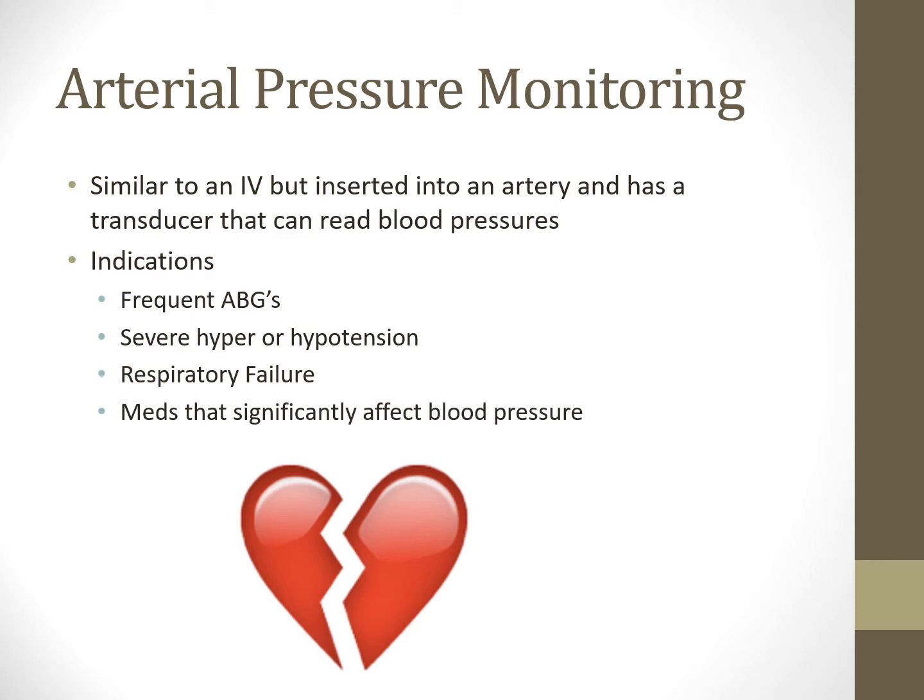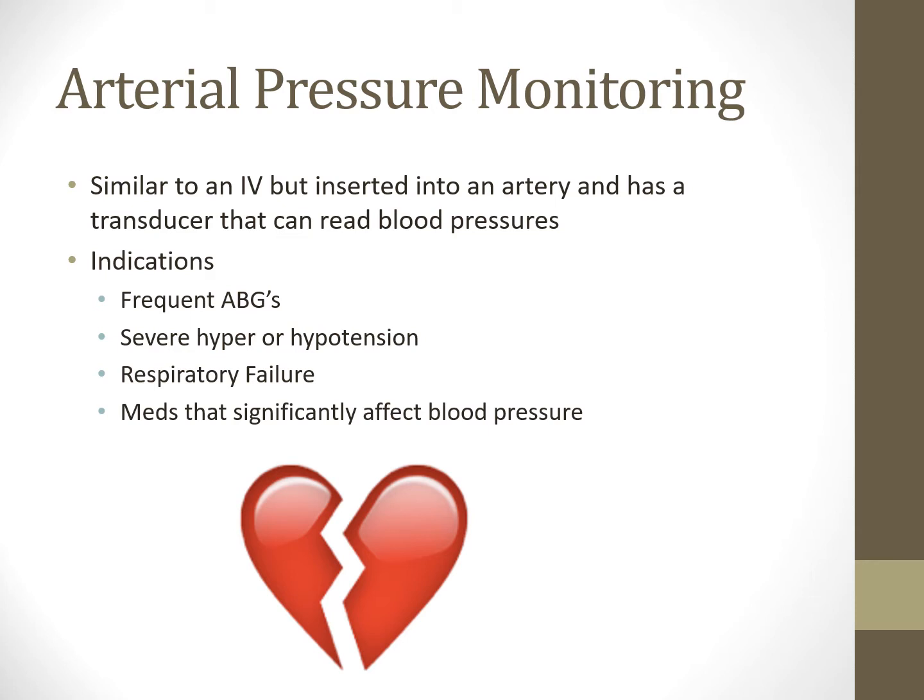Respiratory failure can be an indication. If someone's on mechanical ventilation, they might be indicated to put in an arterial line. But like I said here, the most common indication for an arterial line is going to be blood pressure monitoring, right? Especially if their blood pressure is high or low, that's going to be your big thing.